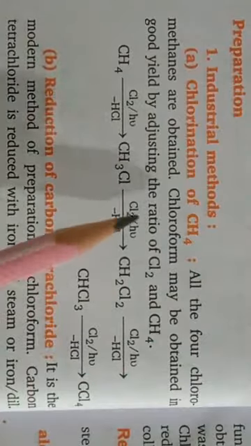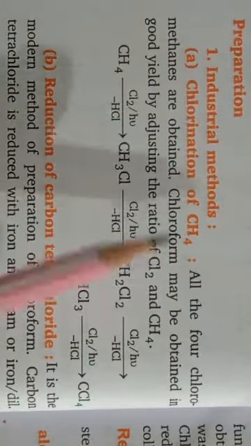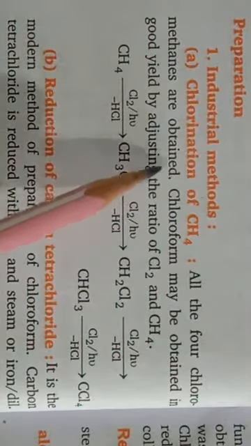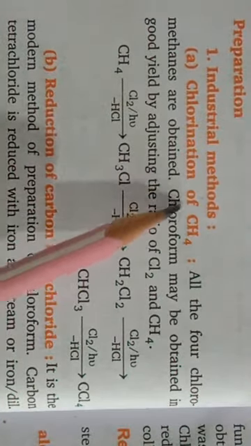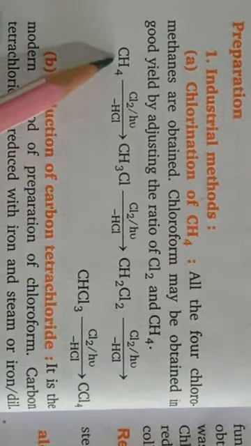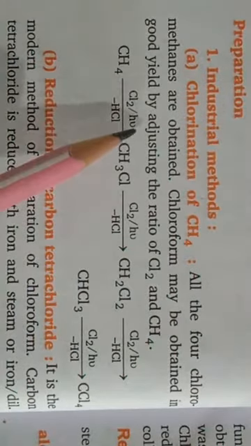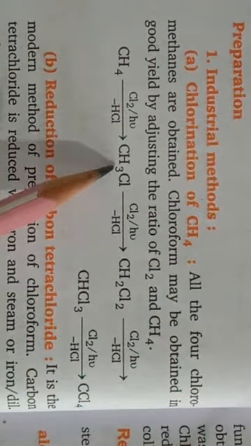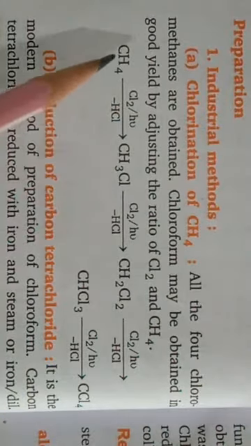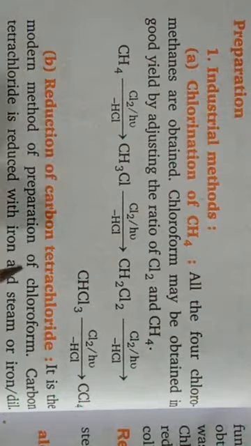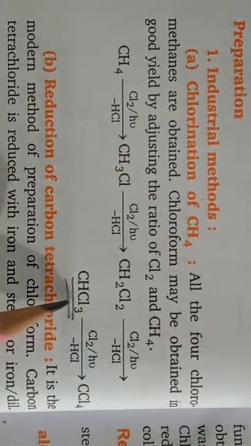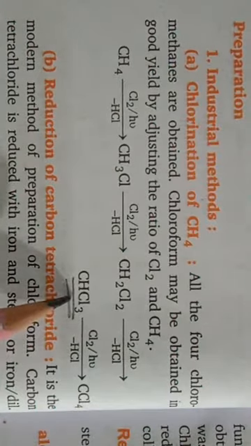First, the most common preparation, which is also the industrial preparation of chloroform, is by the chlorination of methane. Methane, when it reacts with chlorine in the presence of sunlight, one by one 3 hydrogen atoms of methane get displaced by chlorine atoms, and due to this we get chloroform.